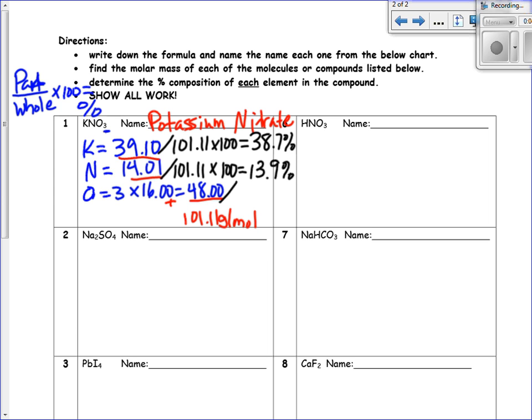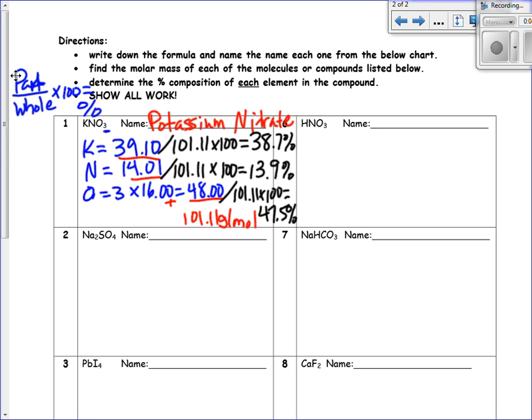And then last but not least, I will do the same for oxygen. Oxygen, 48.00 over 101.11 times 100, and my percentage there will be the largest, because the highest mass of the compound comes from the oxygen, and it's 47.5%.